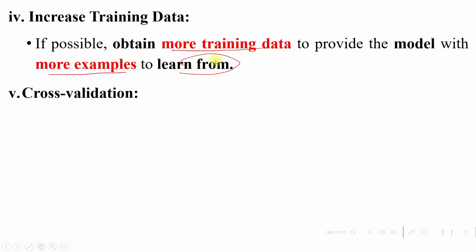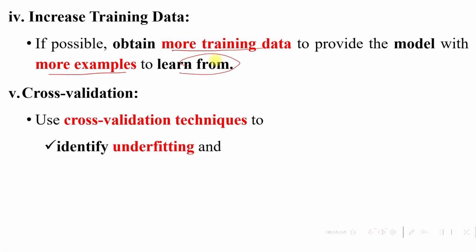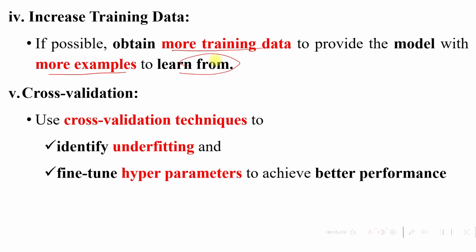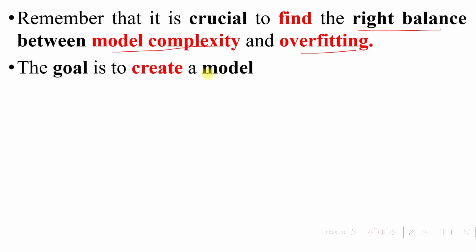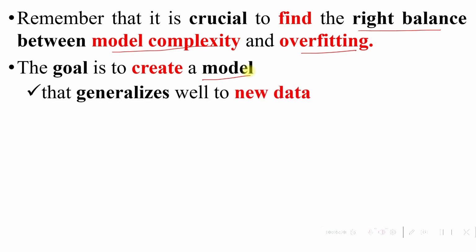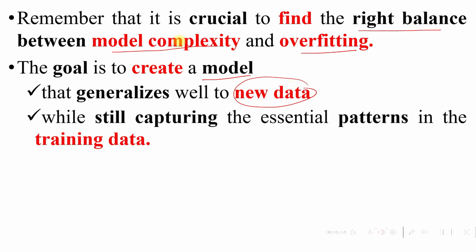Cross validation: use cross validation techniques to identify underfitting and fine-tune your hyperparameters to achieve better performance. It is very crucial to find the right balance between model complexity and overfitting. The goal is to create a model that generalizes well on new data while still capturing the essential patterns in the training data.